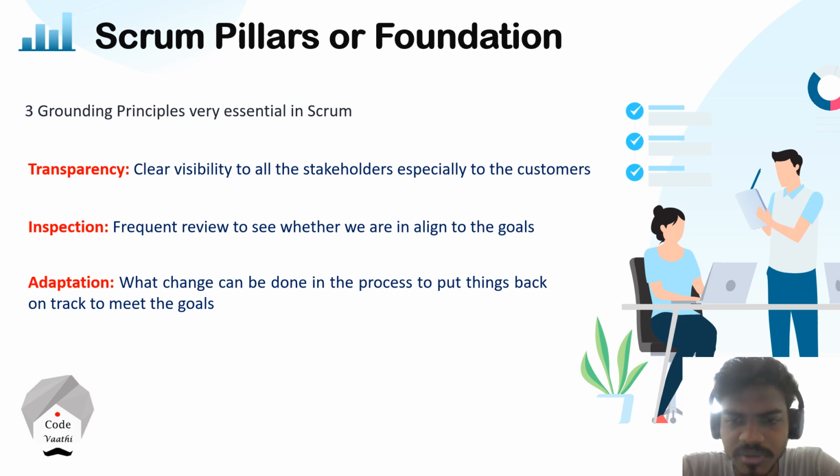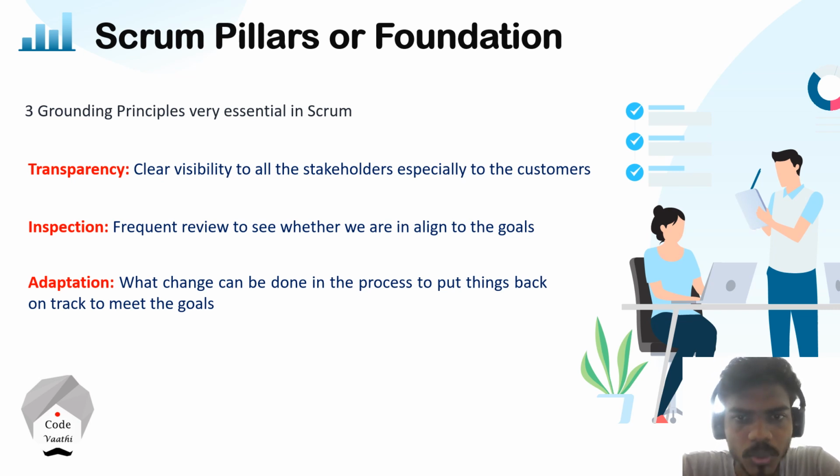Adaptation is basically to define a set of processes, or come up with a new process, tools or methodology, if some iteration or task is deviating, to see what best we can do to put it back on track to meet the goals which have been committed.